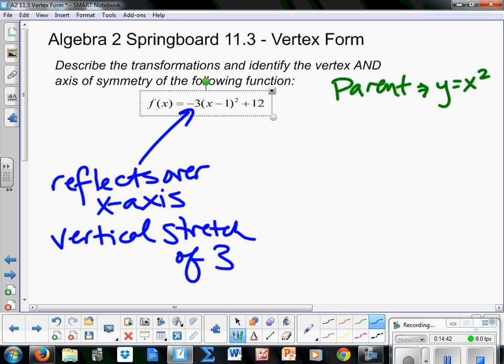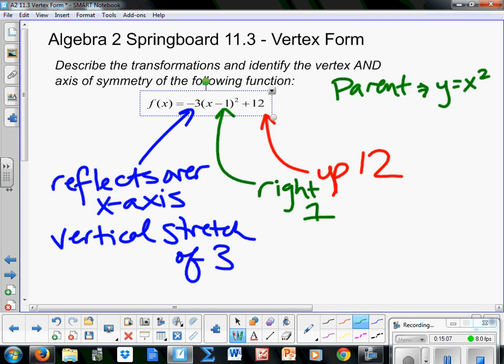Now I'm going to pay attention to the other stuff on the outside of that parentheses to see what else is being affected in the y direction. We've got a plus 12, so we go up 12, but inside the parentheses I have minus 1. Inside is inverse, so I'm going right 1. Those are all the transformations.